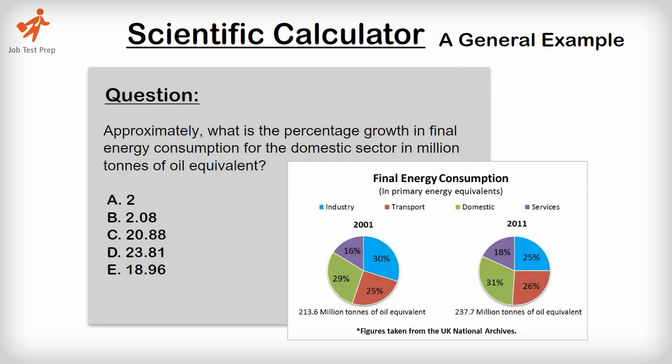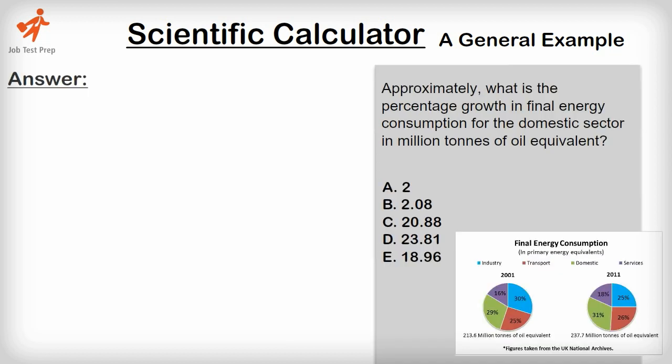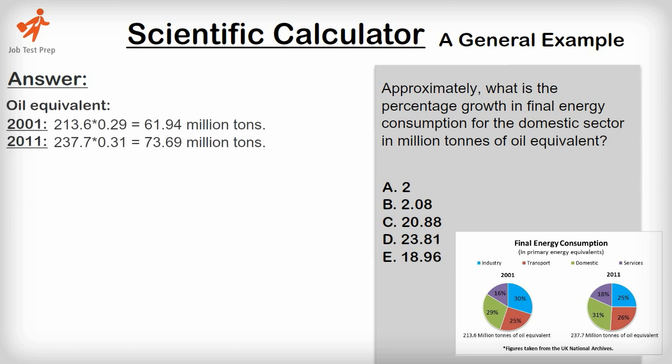A general example. Question. Approximately what is the percentage growth in final energy consumption for the domestic sector in million tons of oil equivalent? Answer. The amounts of oil equivalent used by the domestic sector in each year are: in 2001, 213.6 times 0.29 equals 61.94 million tons.